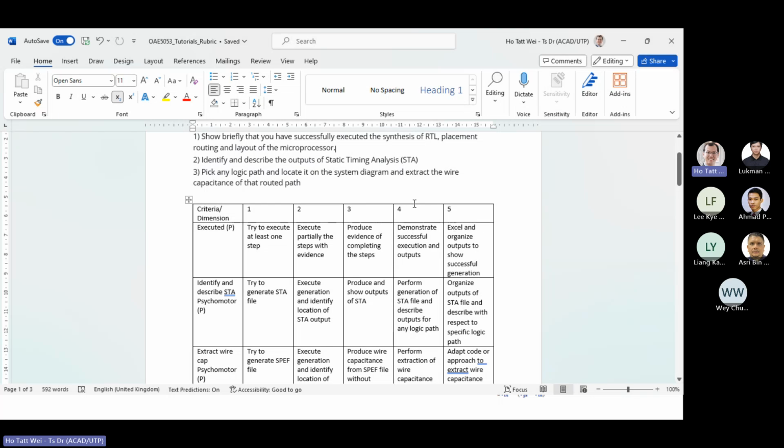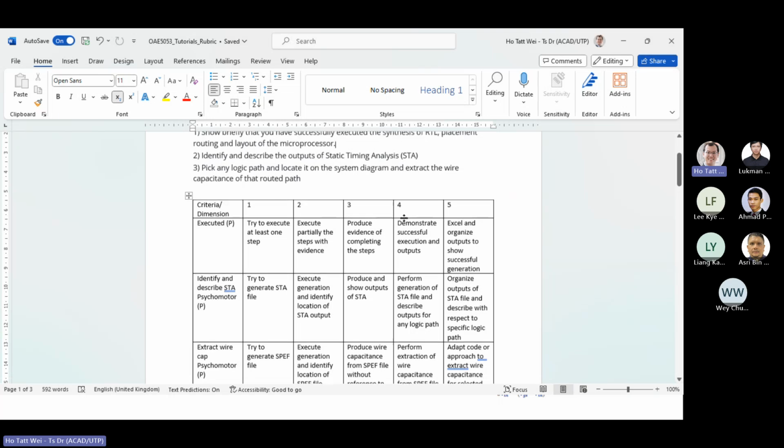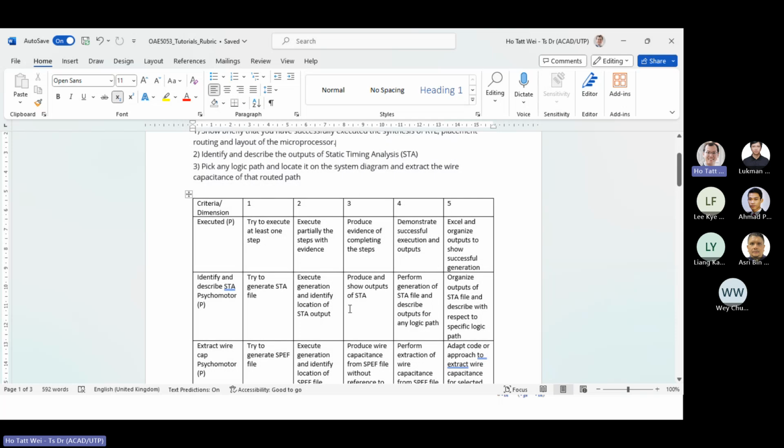But you want to try to hit 4 and above as much as possible. But if you have a mixture of 3s and 4s, you're still going to be okay. I would actually say 3 is considered a passing mark. Although 40% is a passing mark, you actually need to have CGPA B and above, 3.0 and above. So you should be aiming for a mixture of 3s and 4s.